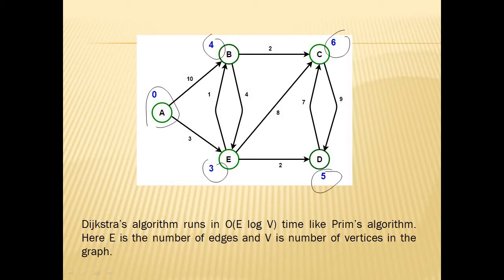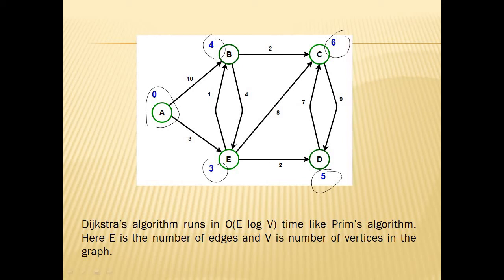Initially we mentioned infinity as the path from A to all remaining vertices, and then I found the adjacent vertices to A and calculated the path. Initially I found the adjacent vertices to A are B and E. Then B is replaced with 10 and E is replaced with 3 to travel.